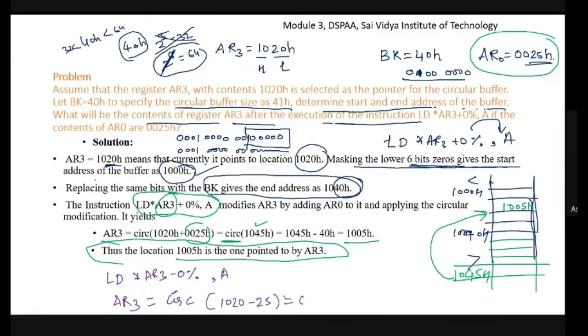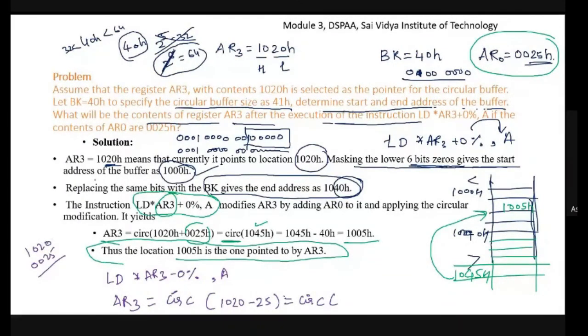After performing, I'll be having circular addressing of 20 here and 25 here. So when we subtract 0025 from 1020, I'll take a borrow from this fellow.